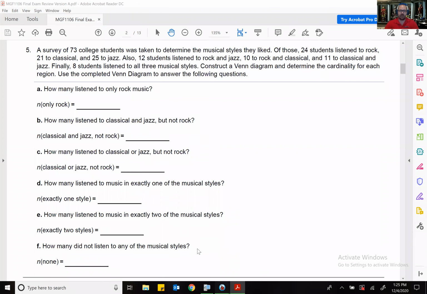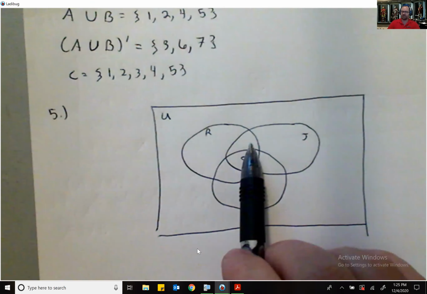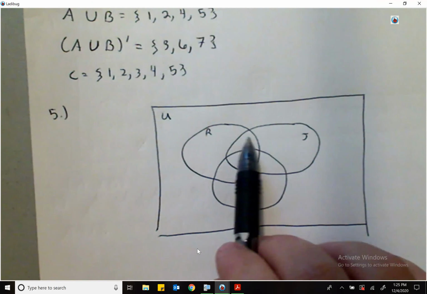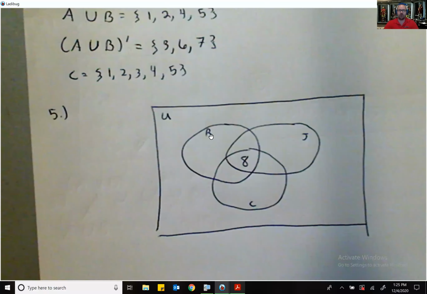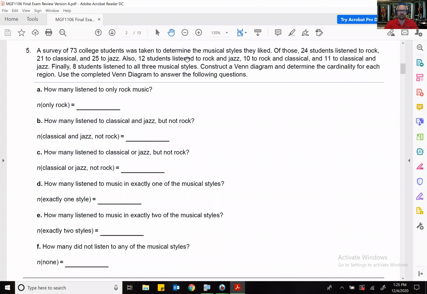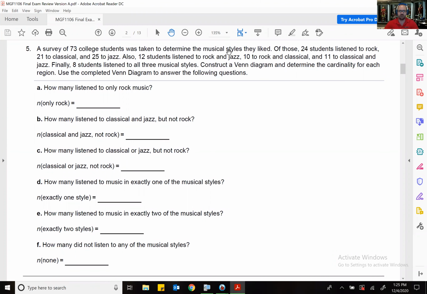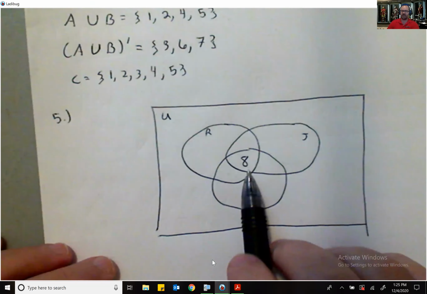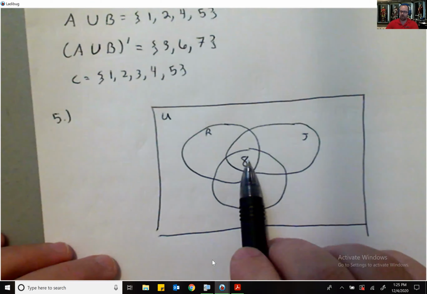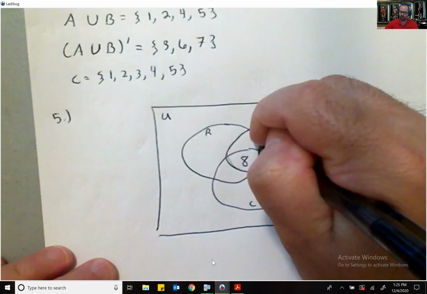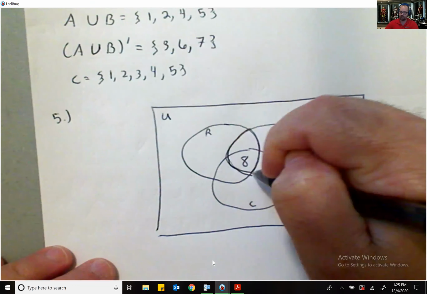So now we're going to come out here and work on this section. What is this section about? Rock and jazz. What do we know about rock and jazz? Right here, it says 12 students listen to rock and jazz. But in our Venn diagram, we've already taken care of 8 of those, because that rock and jazz piece is actually this little football right here.